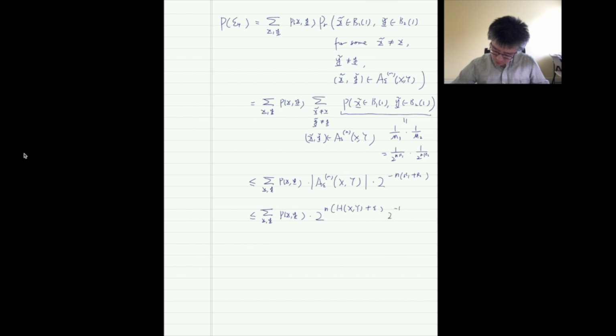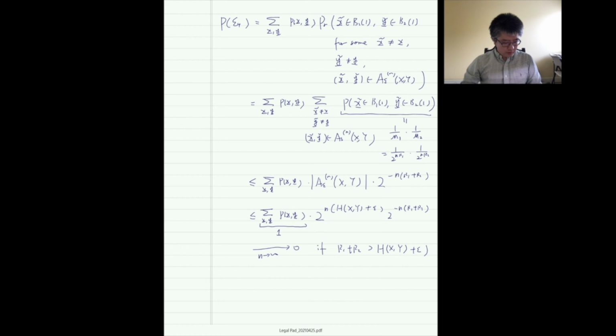right? So okay, and clearly this is 1, and then we can get that this goes to 0 when n goes to infinity if R1 plus R2 is bigger than or equal to H(X,Y) plus epsilon.